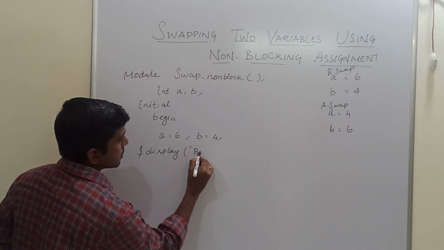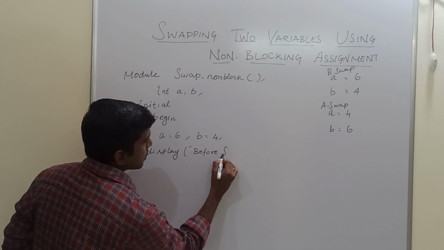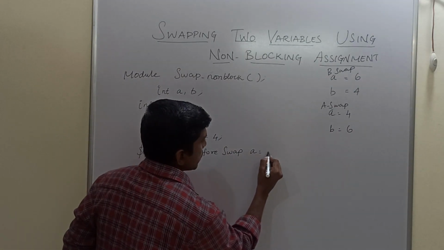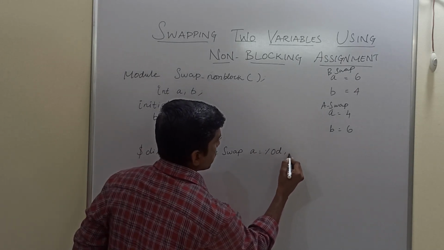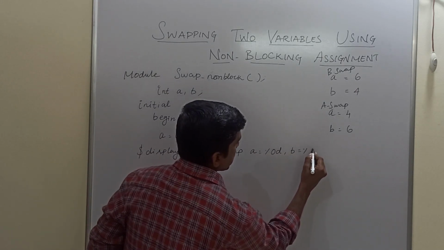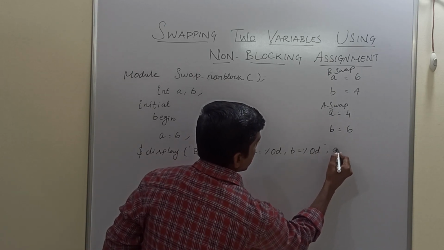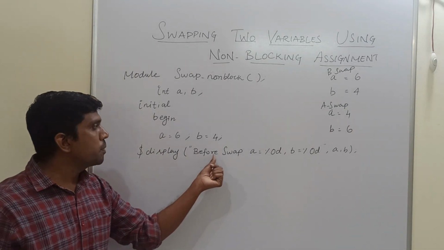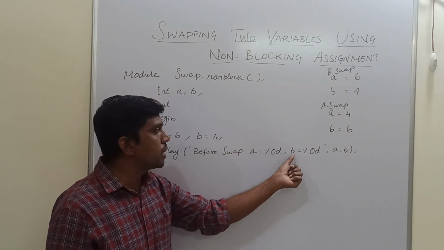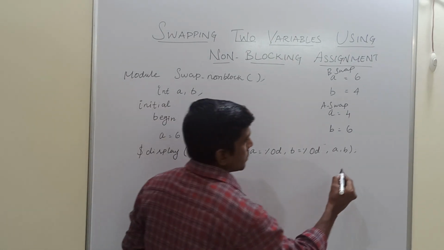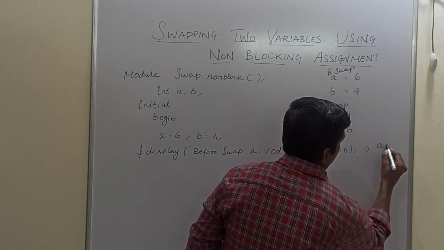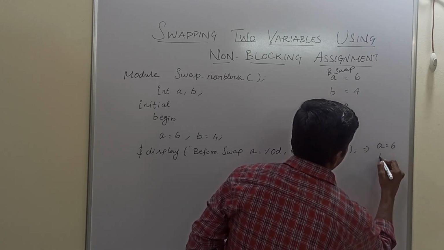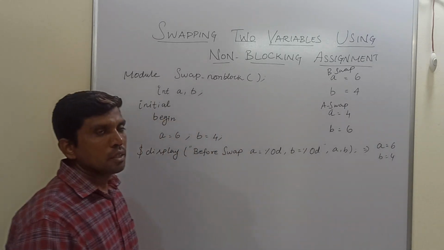Before swap, A equals %0d, B equals %0d, A, B. So now I display before swapping what value is stored in A and what value is stored in B: A value is 6, B value is 4.